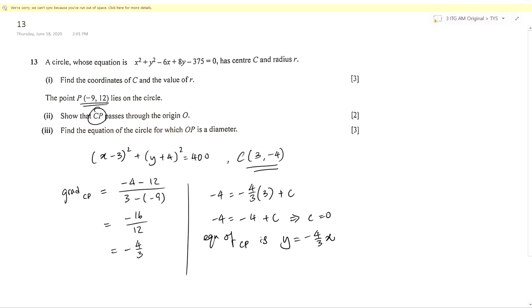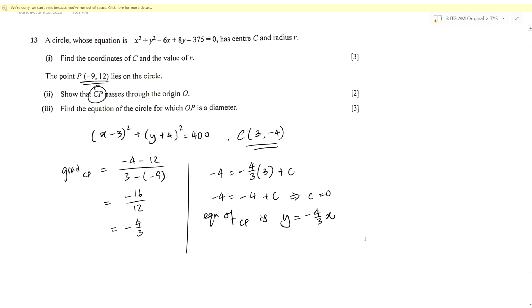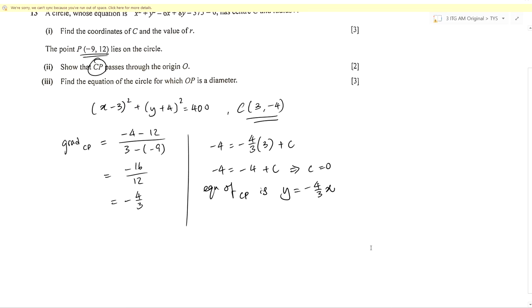It does not have a constant, the value of y-intercept over here is 0. Okay, so over here it is now shown that CP passes through the origin. Since the y-intercept of CP is 0, it passes through the origin.